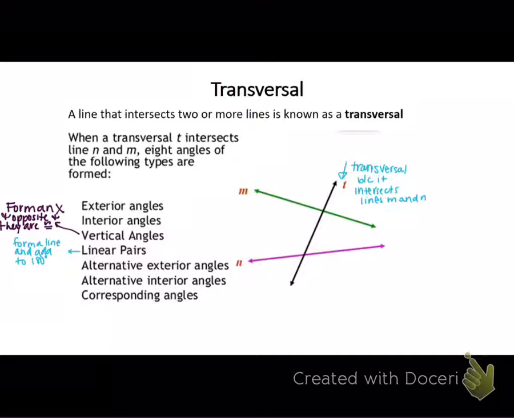Go ahead and get that stuff written down, and then we will keep going. Linear pairs form a line and they add to 180. Vertical angles form an X. They are the ones opposite each other in the X, and they are congruent, or the same.